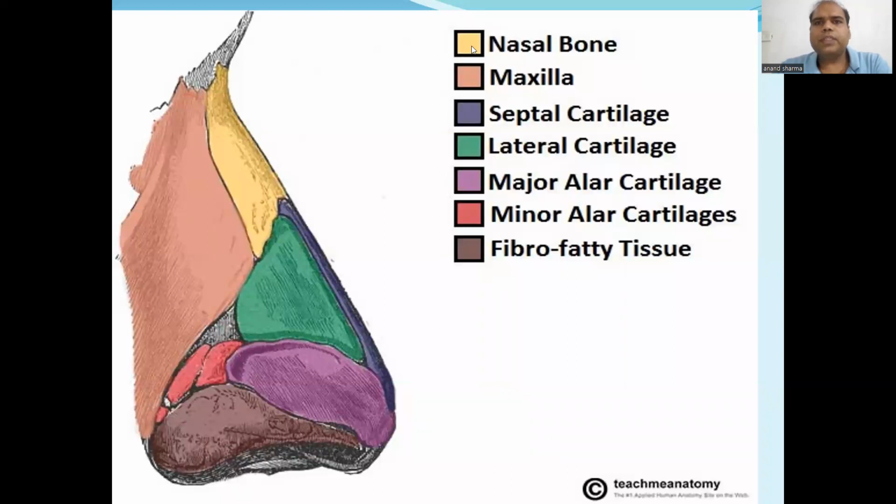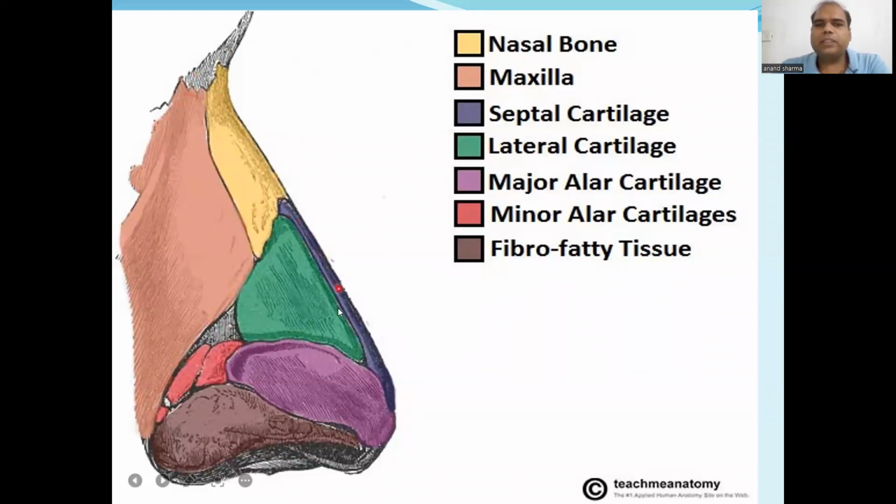Here we can see this is the nasal bone, along with this is the maxillary bone. This is the nasal process of maxilla. The white part over here, which is having a cross marking, is the nasal part of the frontal bone.